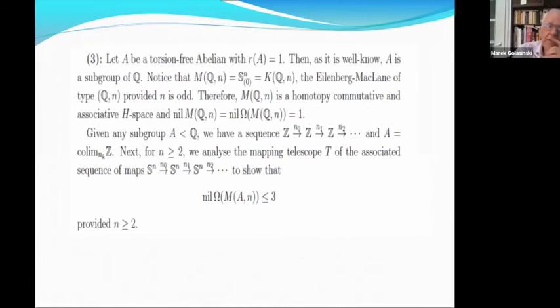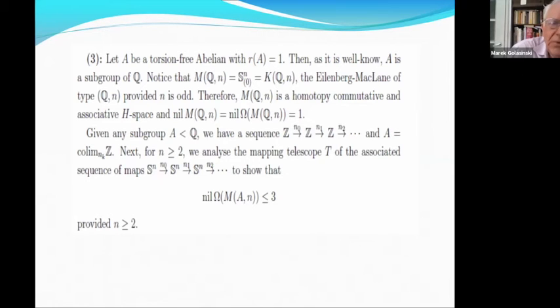So now, the last case, the third, we have to concentrate on an abelian group A where the rank of A is 1. Suppose A is torsion free, because if it has torsion, then we have the result by Kulikov from which we deduce that the nilpotency class of such Moore spaces is infinite. But there is a well-known result that if a group is torsion free and of rank 1, then this group is a subgroup of the additive group of rational numbers.